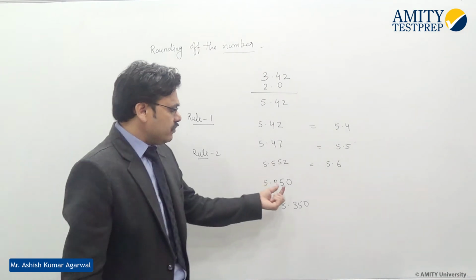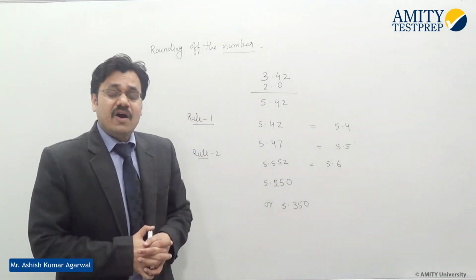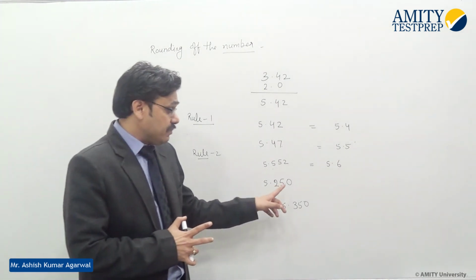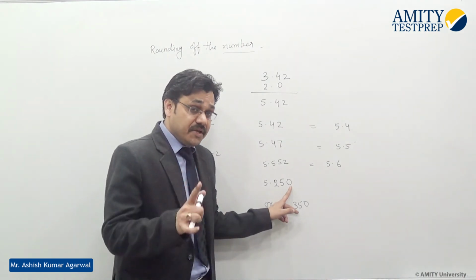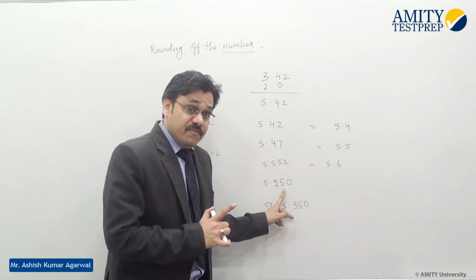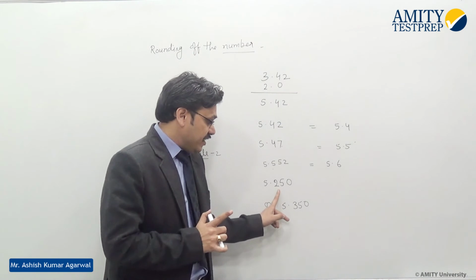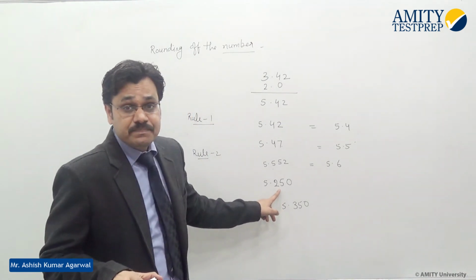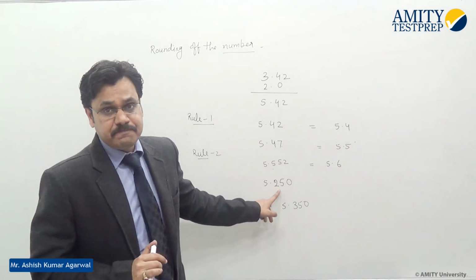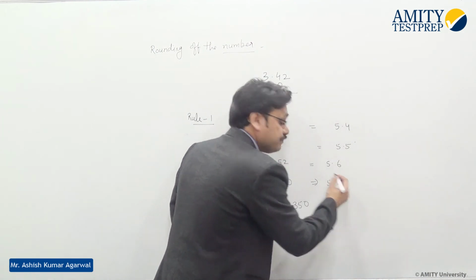I have to drop this 5 and 0. Then how do I proceed? If the last digit is 0, not a non-zero digit, then if the digit previous to 5 is even, there is no change in the digit. It means up to 2 significant figures I have to write 5.2.